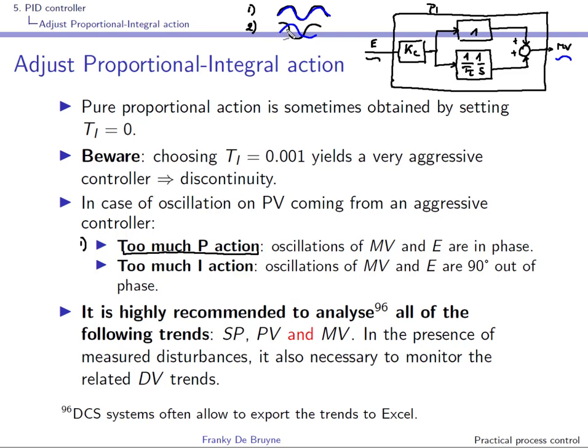A cosine on the error will result in a sine at the output, so a 90-degree phase shift. Of course, in reality, you'll have either a small phase shift, so it will mainly come from the proportional part, or a phase shift that is in the neighborhood of 90 degrees. So you can see that the oscillations are mainly coming from the integral part. So here, second case, it's coming from too much integral action.